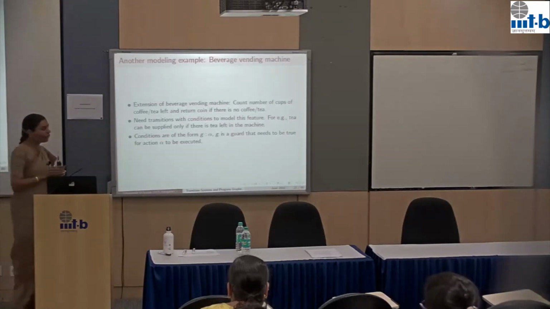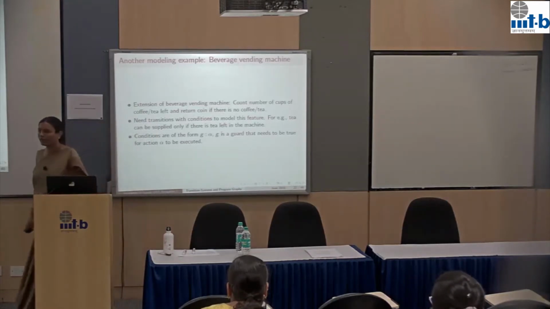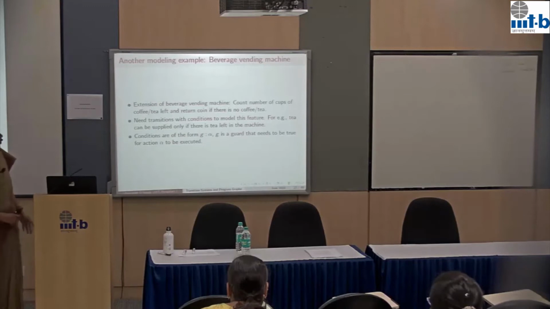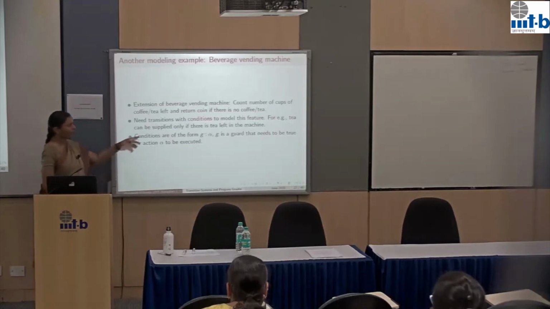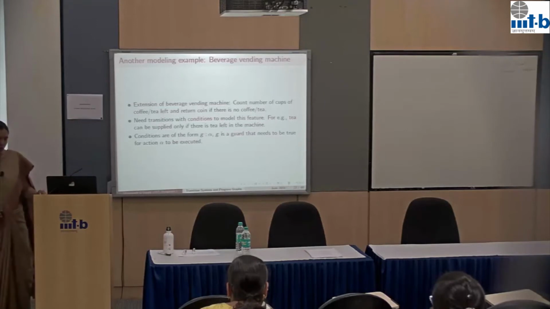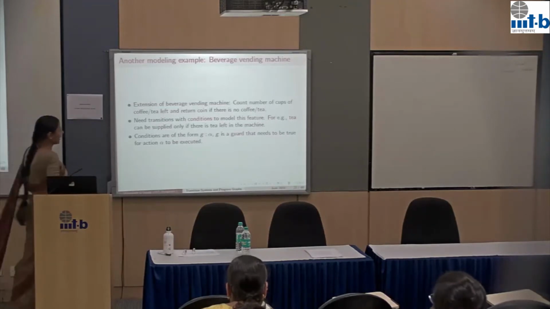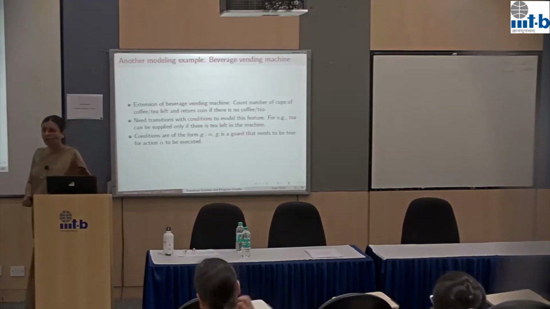So assuming that we keep this beverage vending machine as our example, and we want to continue to look at it, what are the things that we could extend it with? Obviously we could extend it with a lot of things, but I've chosen this particular extension because I want to bring in a particular notion. One simple thing is, can I know how many cups of coffee or tea it will deliver? Maybe it will deliver 100 cups.